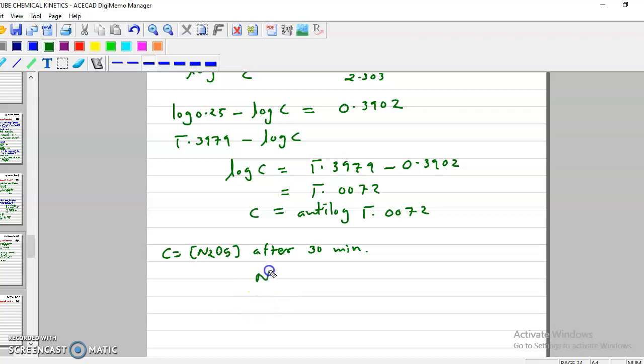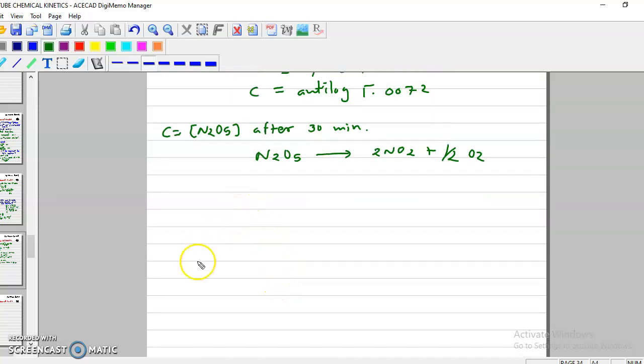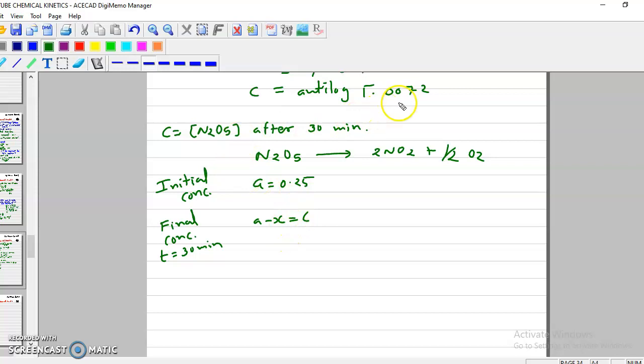Now we write N2O5 gives 2 NO2 plus half O2 gas. For this reaction, we put the initial concentration, that is C0 or A, equal to 0.25, which is given. The final concentration after 30 minutes, where t is equal to 30 minutes, is A minus X or C, which you will find out.